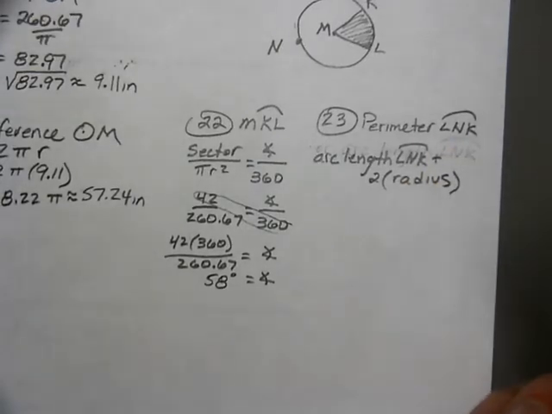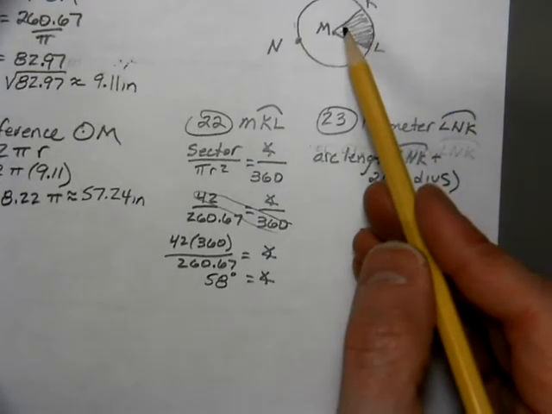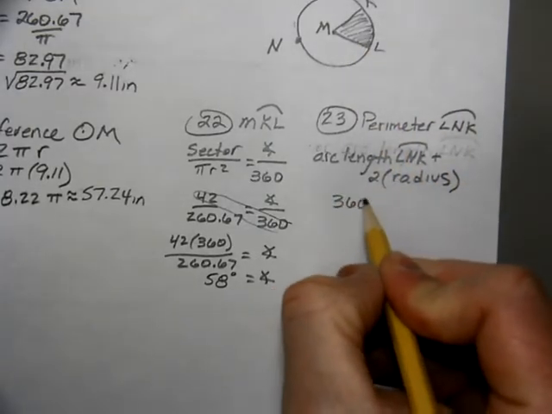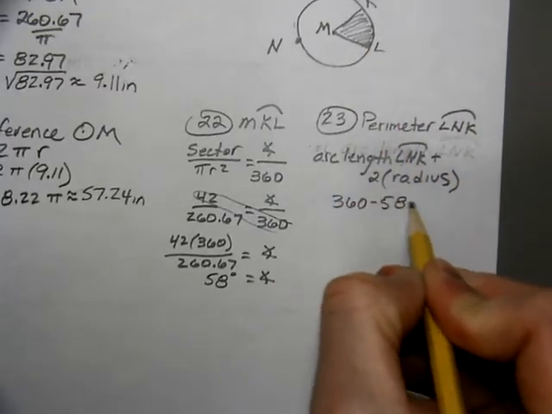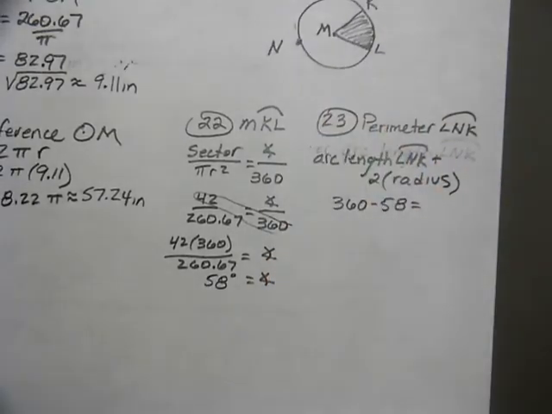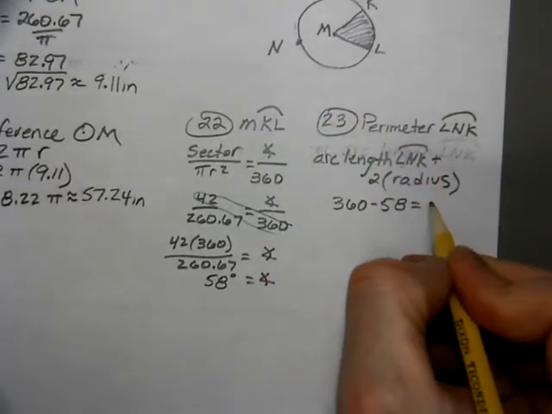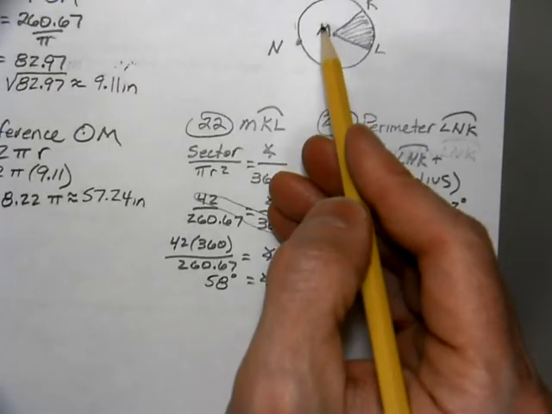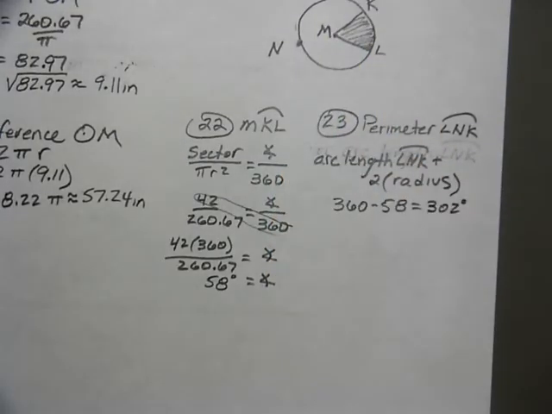For that, we need to know what this central angle is, and that's 58. Well, the big angle we're looking for would be 360 minus that, which is 302. So 302 is our larger arc on the outside.